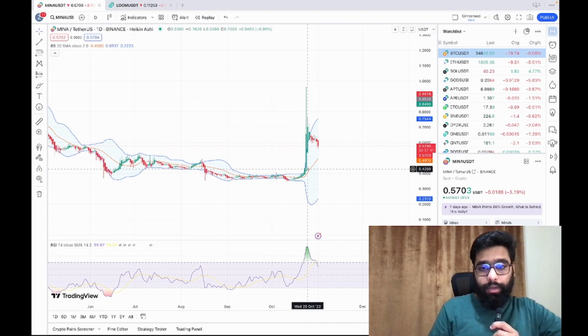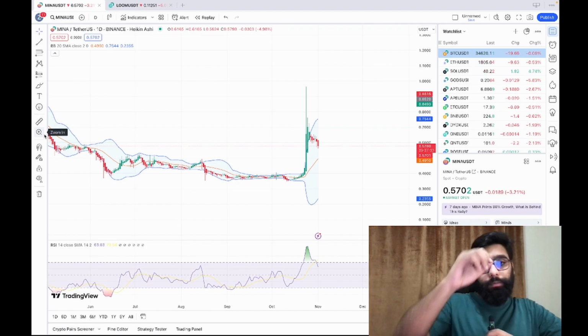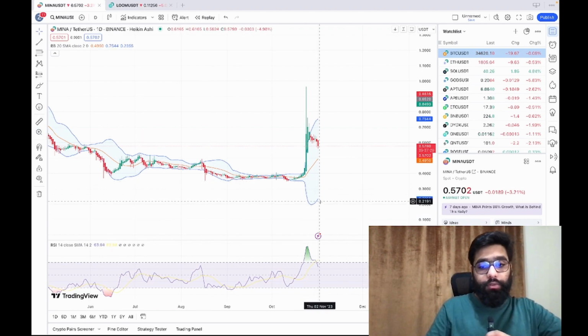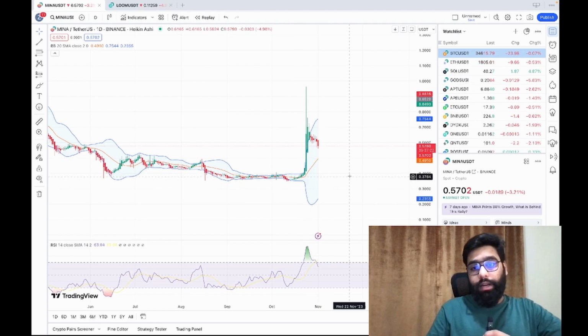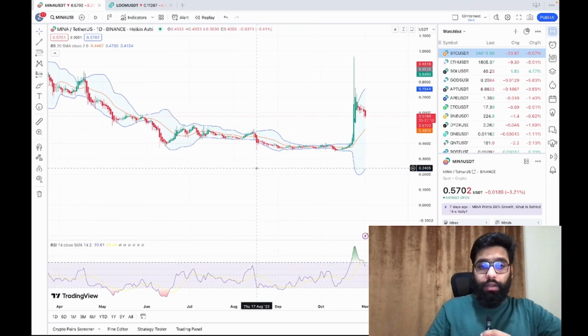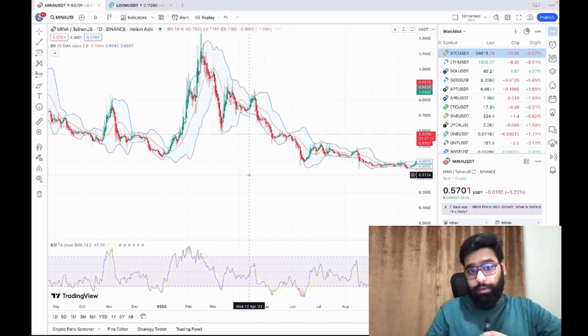Whenever the price touches the upper band, what you have to do is short the coin. And whenever that coin is on the lower band, you have to long it. And if it's lingering in the middle band, just leave that coin. Stay out of it because it can do some crazy movement on either side.